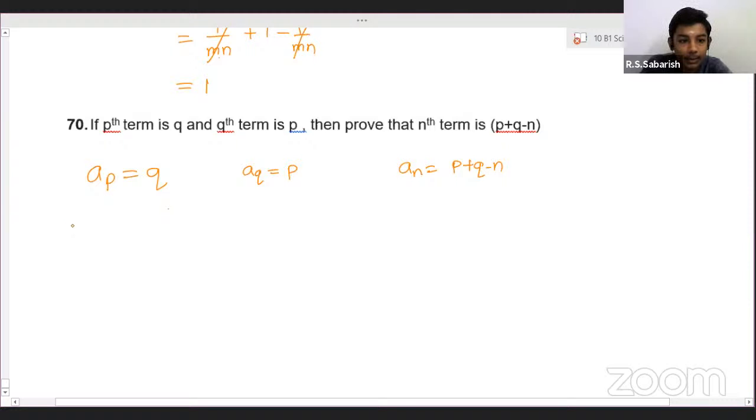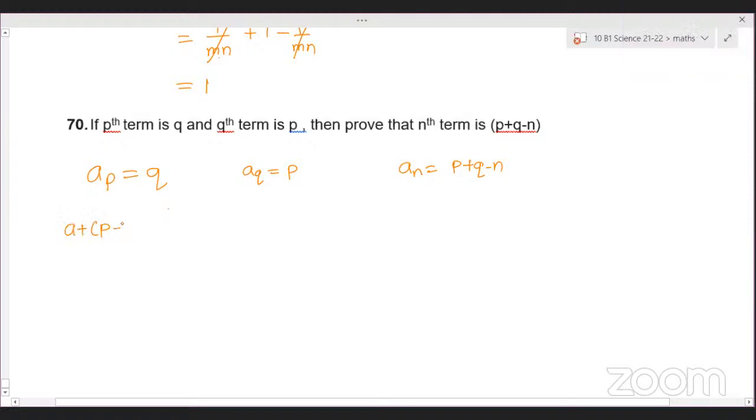A plus (p minus 1) into d is equal to q, that is, A plus pd minus d is equal to q. And Aq is A plus (q minus 1) into d is equal to p, that is, A plus qd minus d is equal to p.